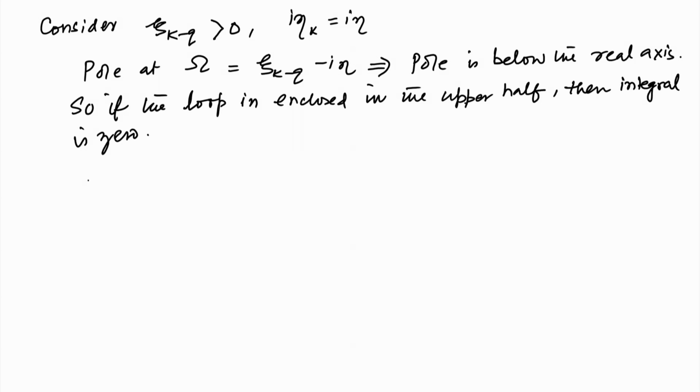Now, suppose psi k minus q is negative, in which case my i eta k equal to minus i eta. So, the pole is at omega equal to psi k minus q plus i eta.